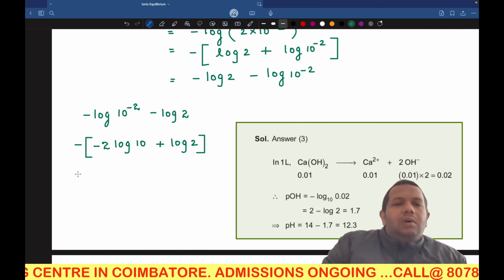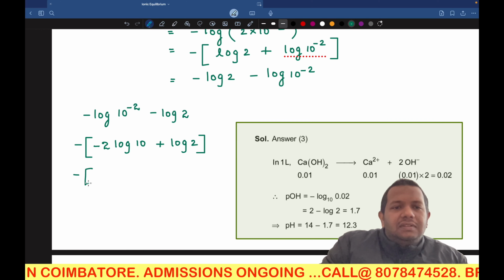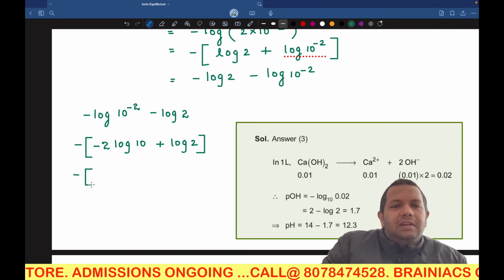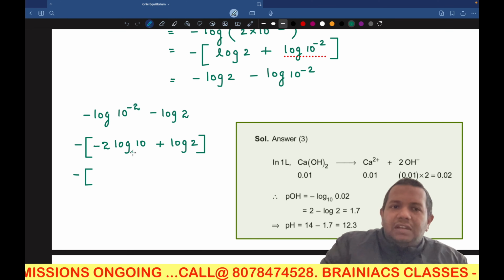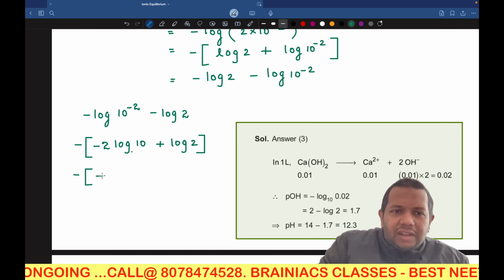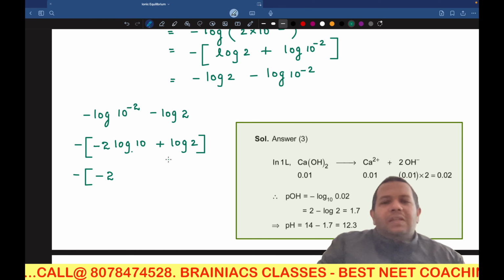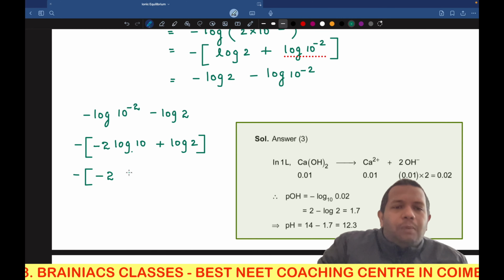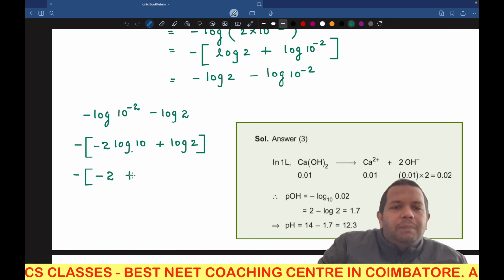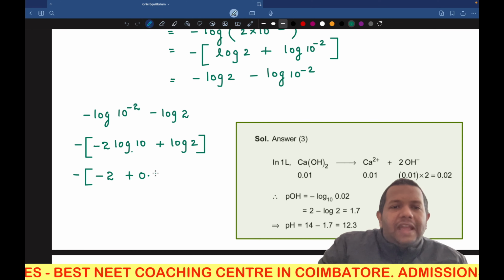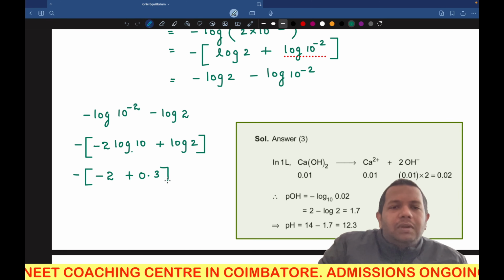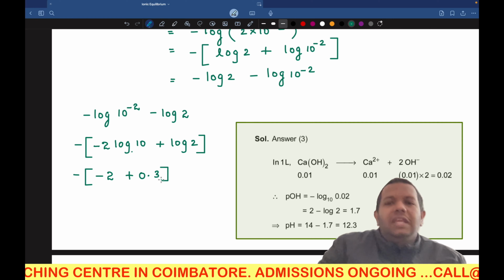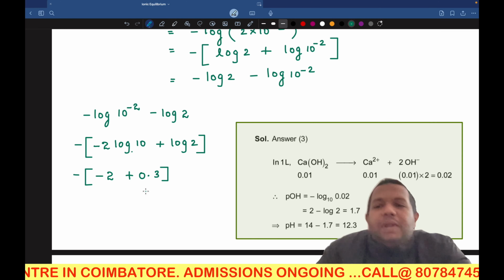Minus 2 log 10 is nothing but, here, 10 to the base 10 would become 1. So I can write minus 2 plus log 2. How much is log 2, sir? Log 2 would be something like 0.3. You need to learn up to log 9 and log 10. It's very important.